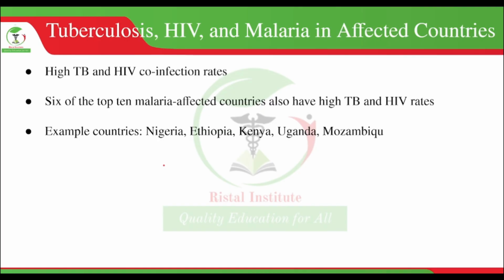Conditions like TB and HIV usually occur together, so you have an individual having HIV and later developing TB. Six of the top 10 malaria-affected countries also have high TB and HIV rates. In this case, we are talking about Nigeria, Ethiopia, Kenya, Uganda, and Mozambique.